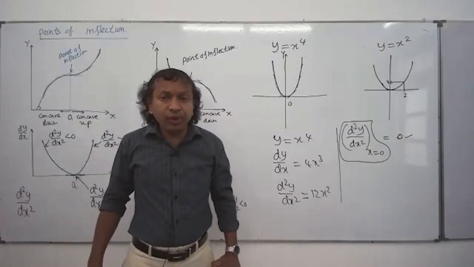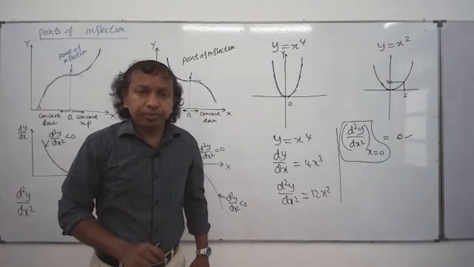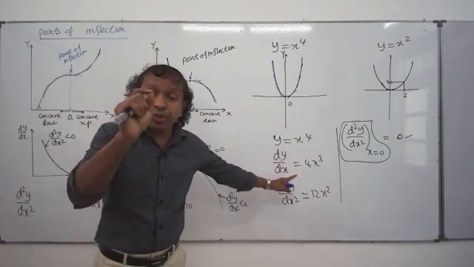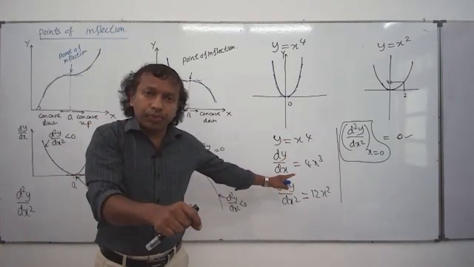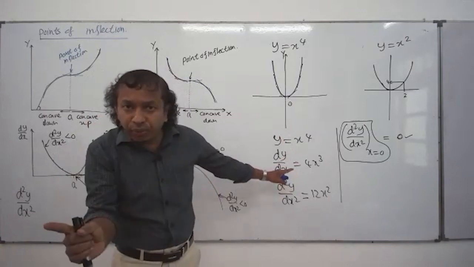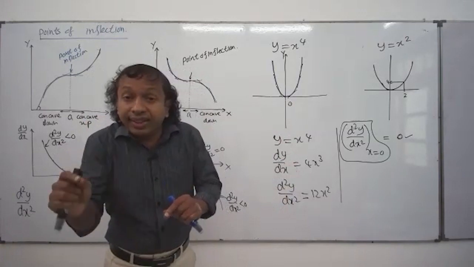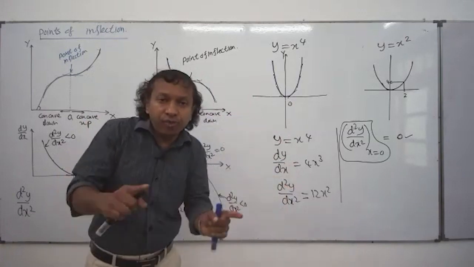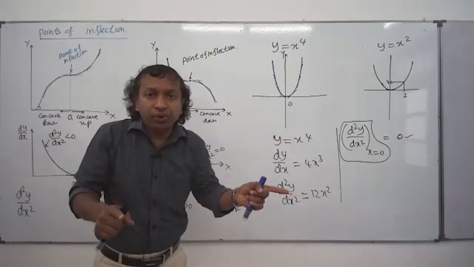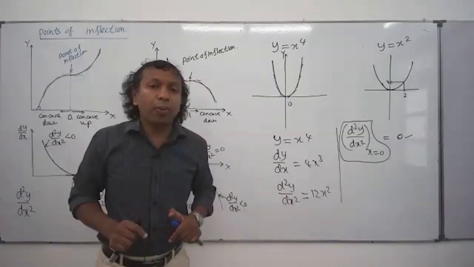Understand? So in order to show there exists a point of inflection, first you have to show the second derivative is 0. That is not sufficient. In addition, on the left and right of that point, you have to show the second derivative takes opposite signs: if before positive, after negative, or if before negative, after positive. Then only can we say there exists a point of inflection.